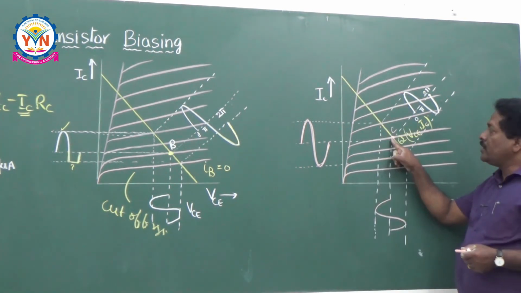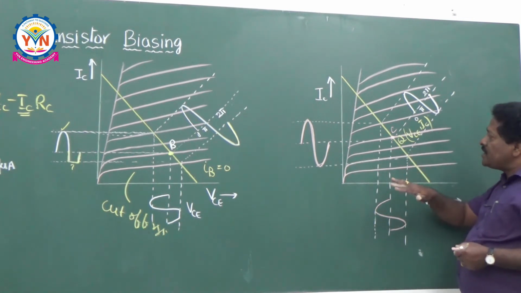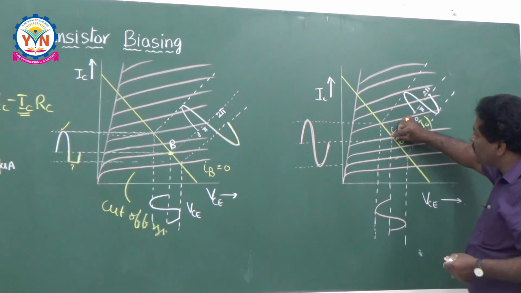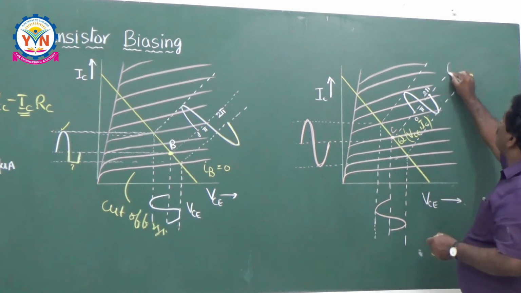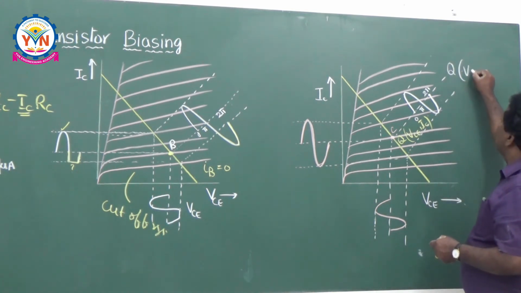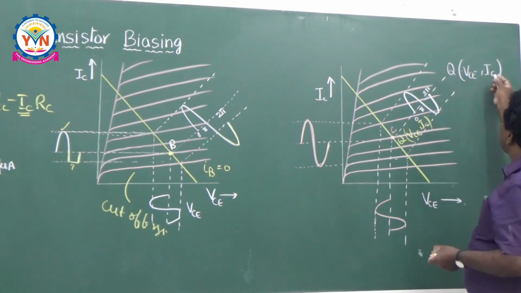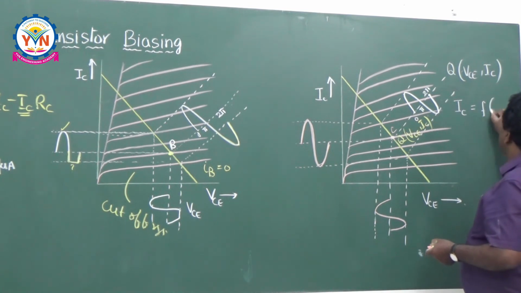Okay. But once you set this operating point, it may not always stay at that place. The operating point may shift either towards the saturation region or the cutoff region, because your Q has the coordinates of VCE and IC. Your IC is a function of temperature. Your collector current is a function of temperature.